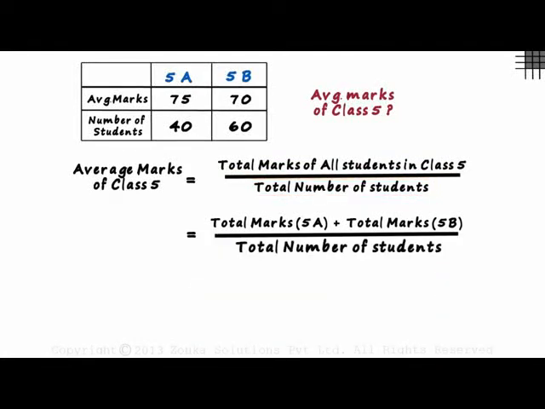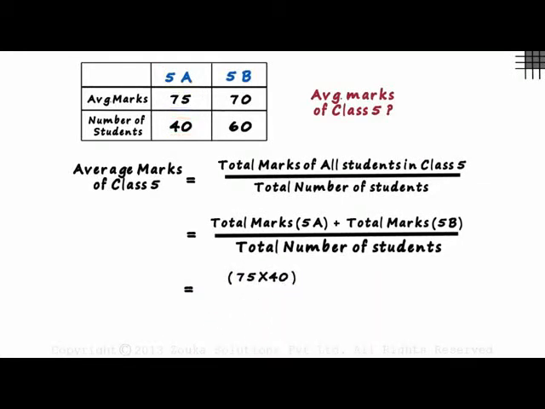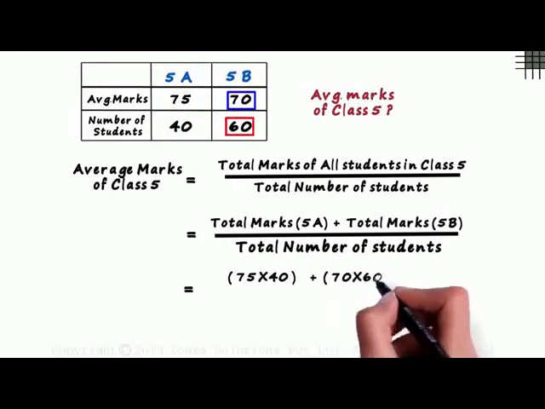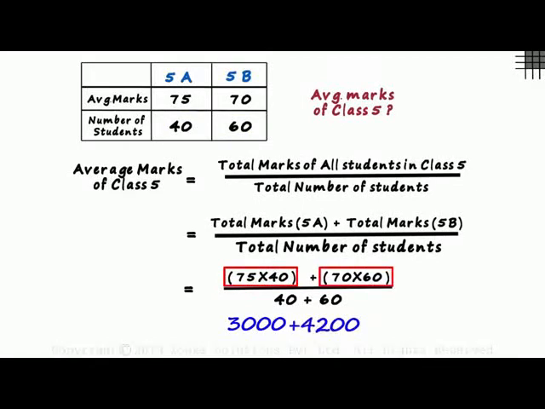We showed that the total mark of students in class 5A can be written as 75 times 40. The total marks of students in class 5B can be written as 70 times 60. And the total number of students we have is 40 plus 60. 75 times 40 is 3000 and 70 times 60 is 4200 and 40 plus 60 is 100.